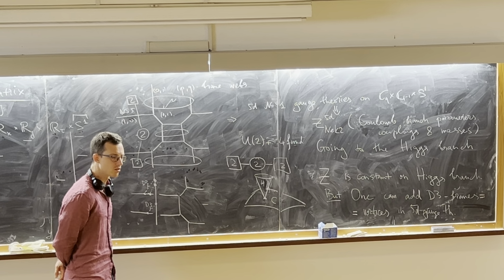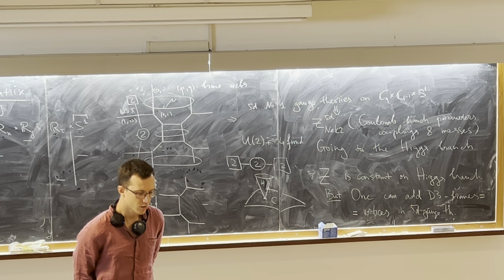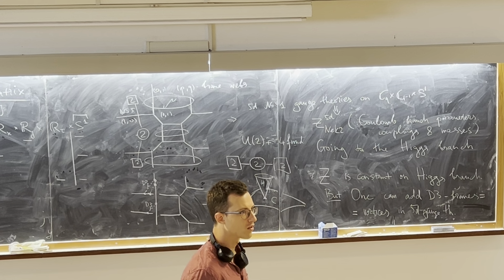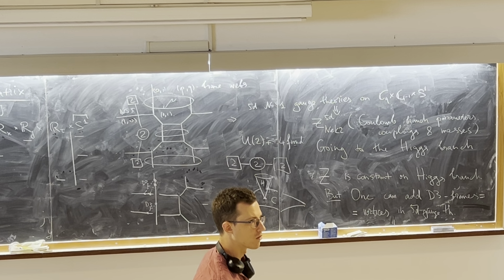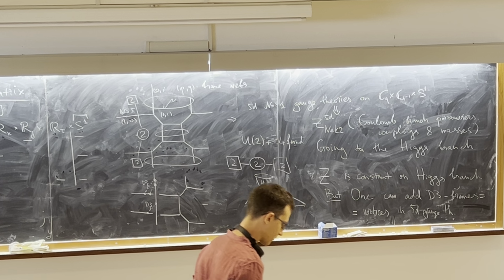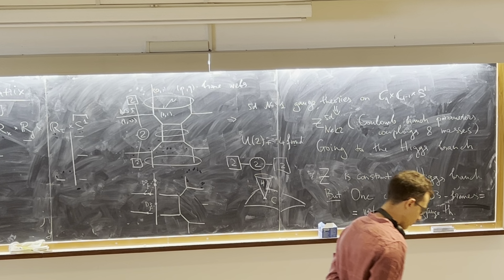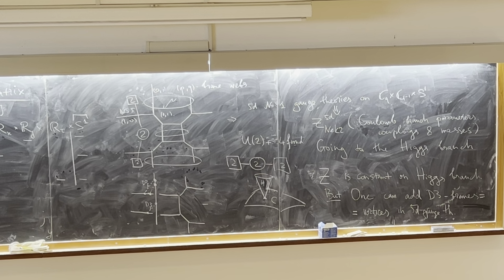Yes. Sure. So the number of D3s that you put on either leg is up to you, right? And can you also Higgs the other half of the diagram at the same time? Okay. Sure. What are you left with then? Because you already Higgs all the gauge symmetry. So what happens in field theory?